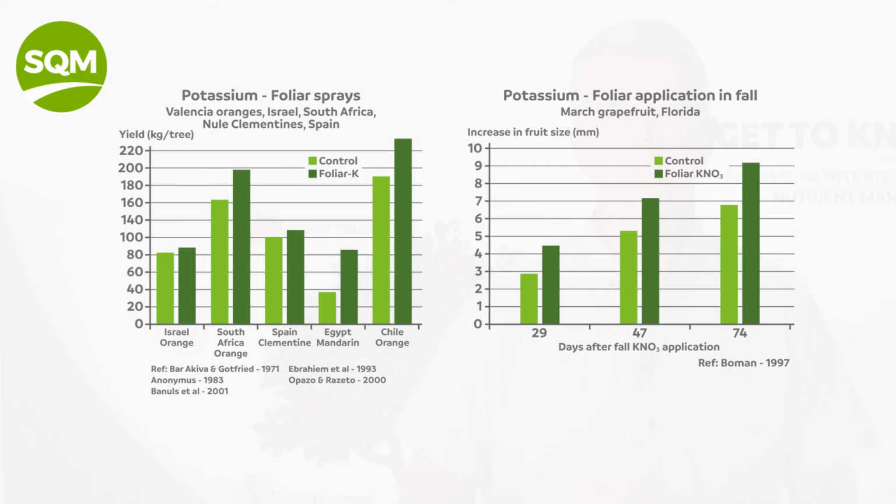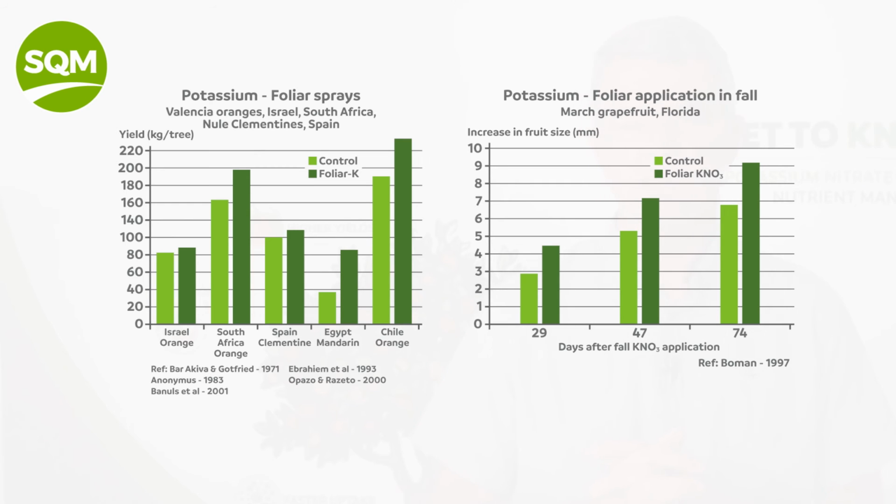Just to touch on a few applications of potassium nitrate. These first two graphs, I'll show you the graph on the left. The yield in kilograms is on the y-axis, and various crops around the world on the x-axis, and the foliar potassium are the dark bars and the control are the light bars.